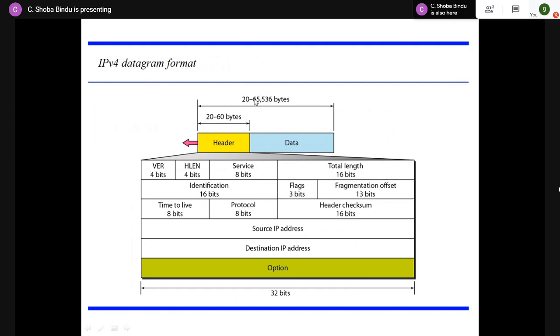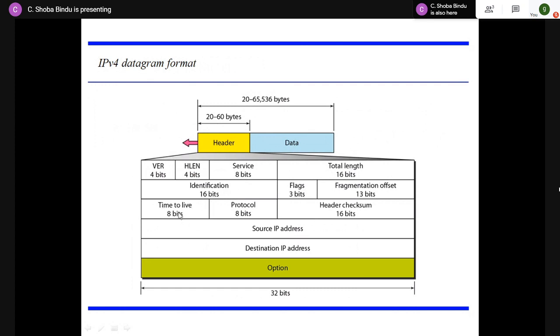But if you want to transmit this size of packet over this Ethernet, it will not be possible. So for that purpose, based on the underlying network, you need to fragment this entire packet into several fragments based on the maximum transmission unit of the underlying network. For that purpose, we will be making use of these 3 fields. We'll see later what these fields are.